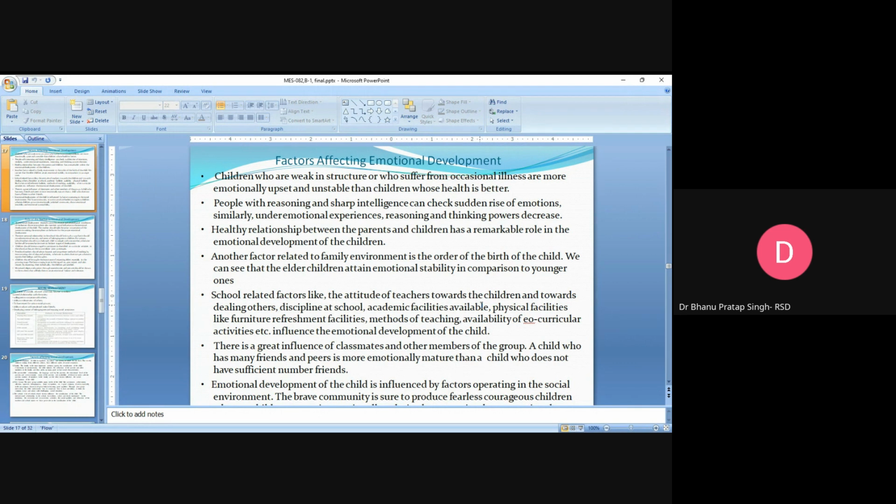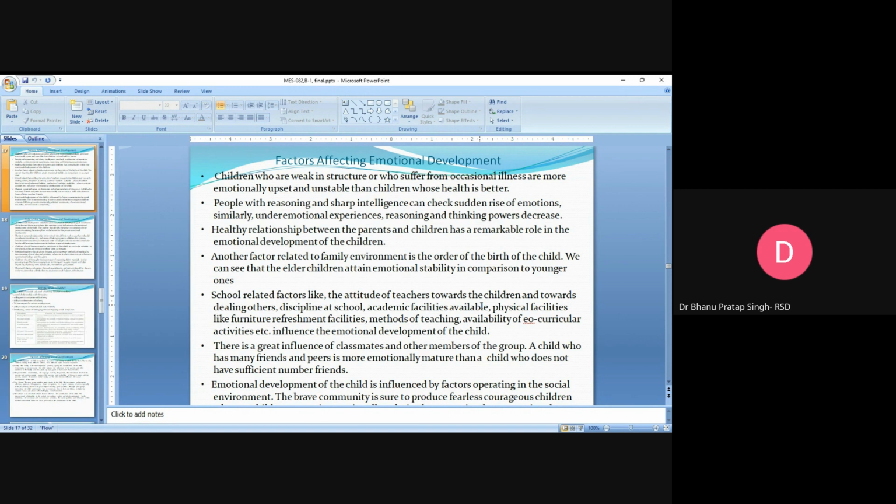A healthy relationship between parents and children has a remarkable role in the emotional development of the child. Means if there is a good relation between the parents and children, their emotional development increases, and that totally depends on the relations between the children and their parents.